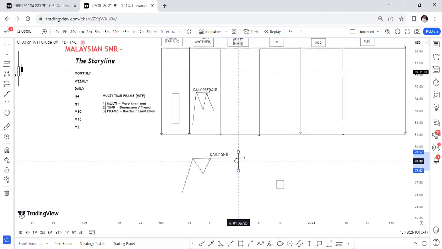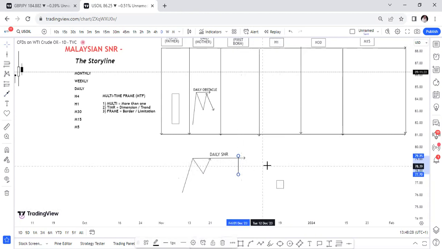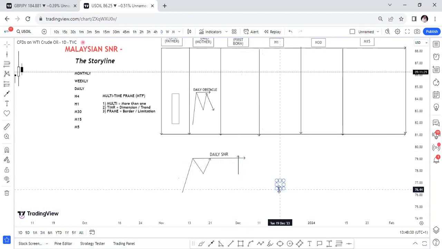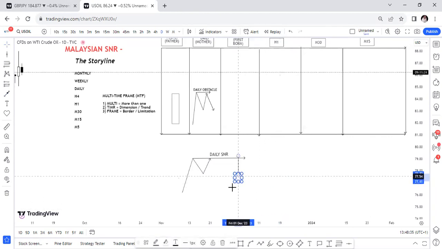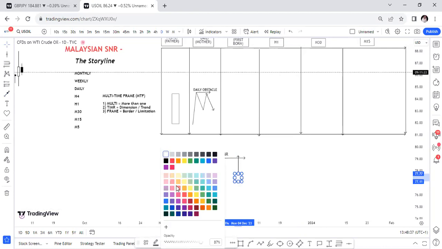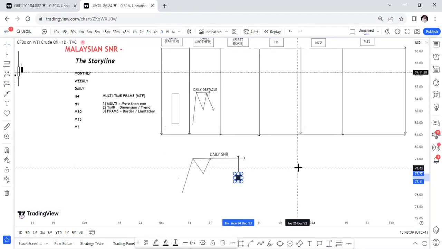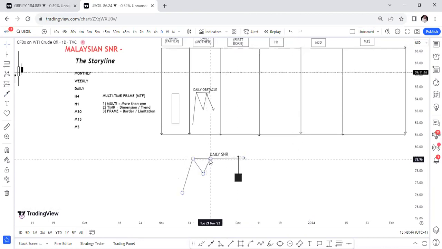You want to see a confirmation like this. Color doesn't matter. A confirmation like this, that is here, right? You will likely go on to see this.